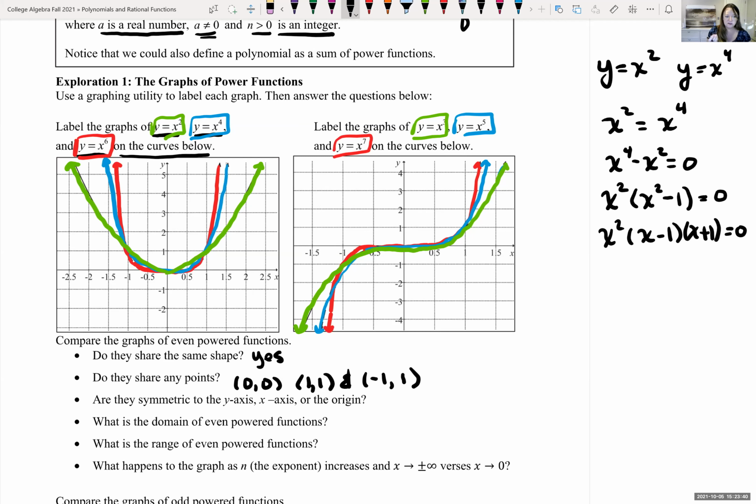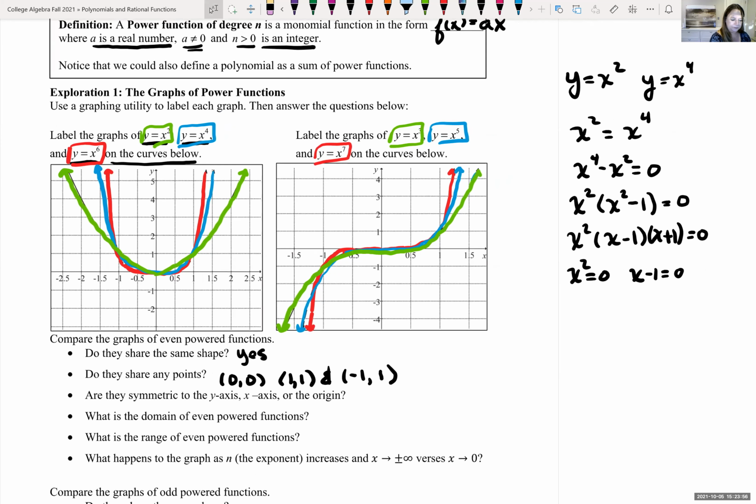And so now, setting each piece equal to 0, we're looking at when is x squared equal to 0, when is x minus 1 equal to 0, and when is x plus 1 equal to 0. So at 0, 1, and negative 1. So anytime I set those 2 equations together, those are going to be the same points I get back.